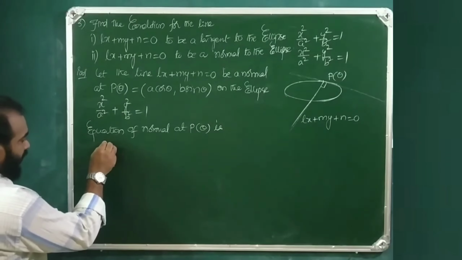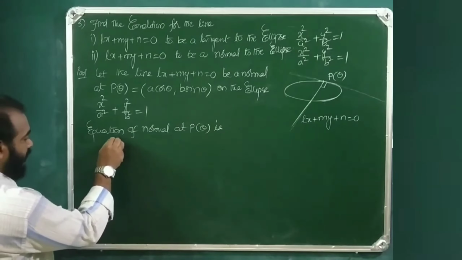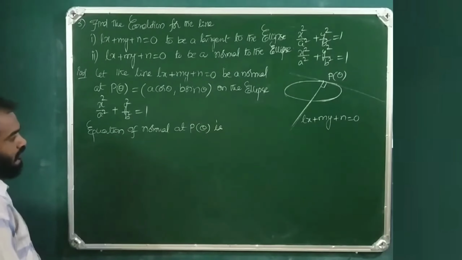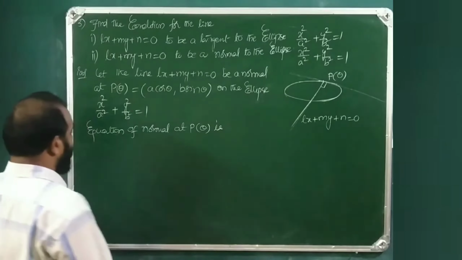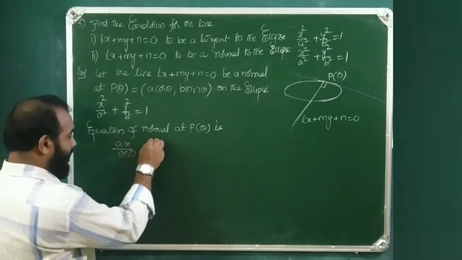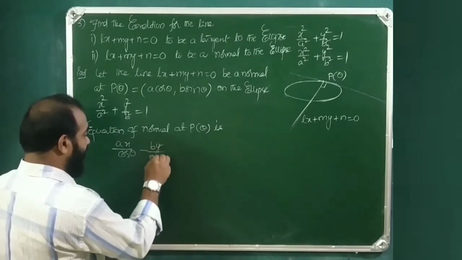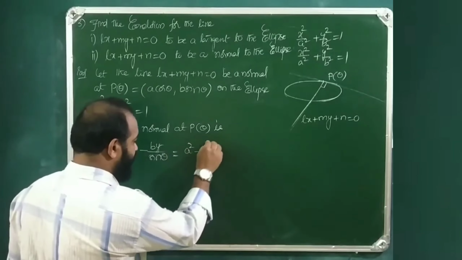So the equation of normal at p theta is ax by cos theta minus by by sin theta is equal to a square minus b square.